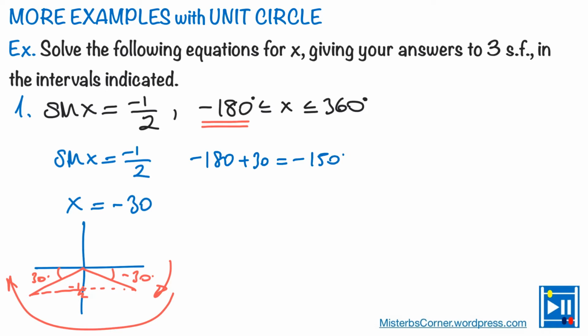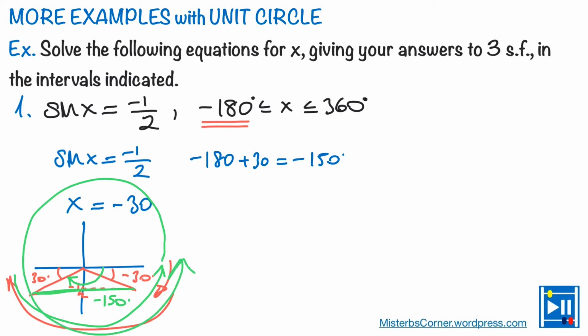So I'm talking about this angle here. This is minus 150 degrees, which gives me the same value, minus 1 over 2. Now, from minus 180 to 0, I go anticlockwise, and then I make a full round of 360 degrees. This is my interval given here.